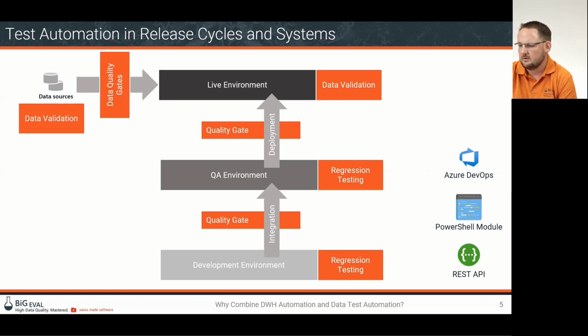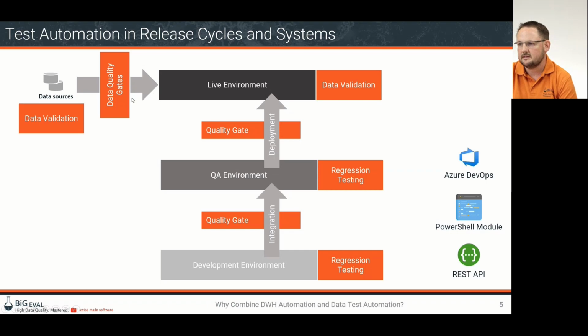BiG EVAL is one of the only solutions that also covers testing or data validation in live environments and not only in your release cycle. In between, where you integrate or deploy your components, you may add quality gates that check whether your components work correctly. So nothing should be deployed to your production environment without checking it before.